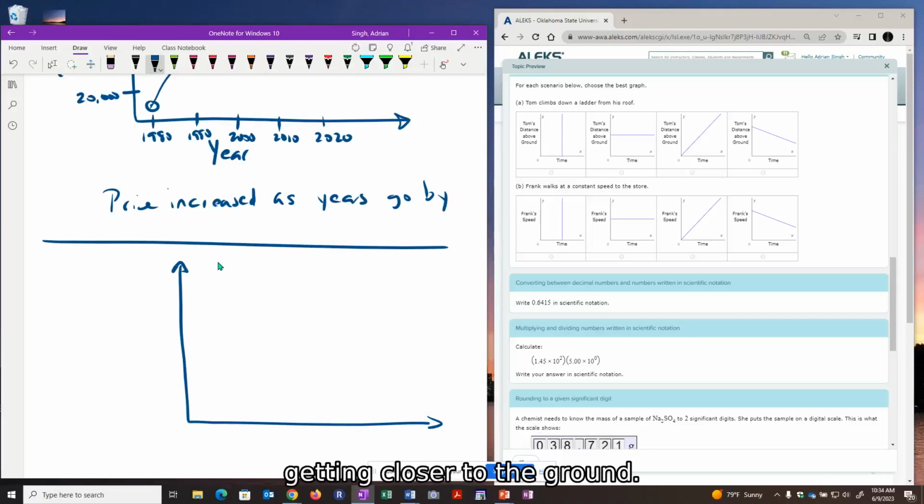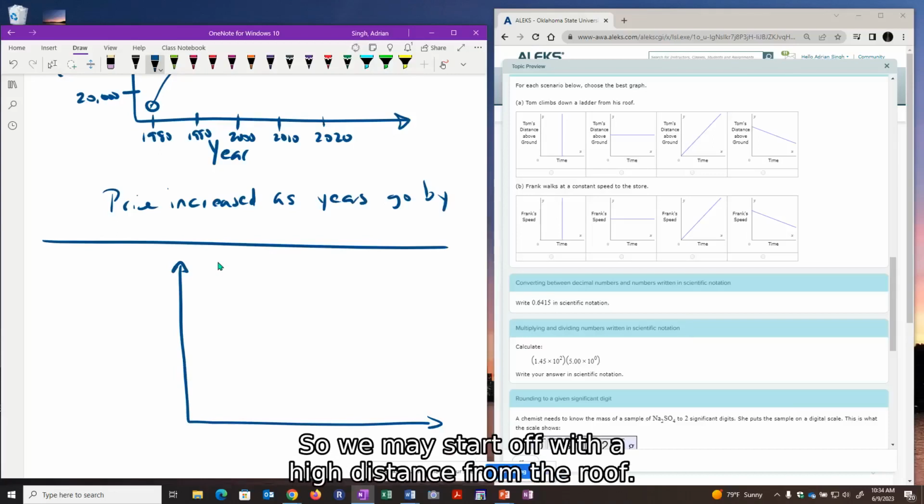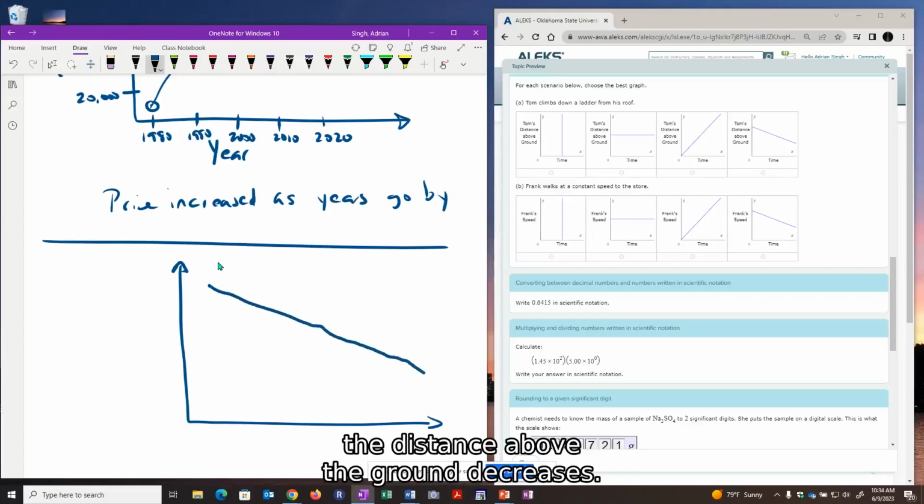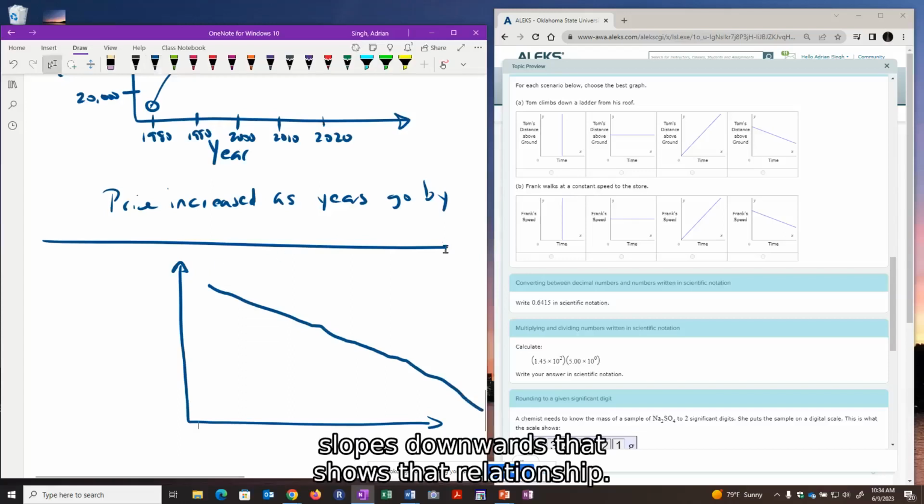They're getting closer to the ground. So we may start off with a high distance, and then as they climb down the ladder, the distance above the ground decreases, and then eventually they get to the ground, right? So we see that there's this line here that slopes downwards that shows that relationship.